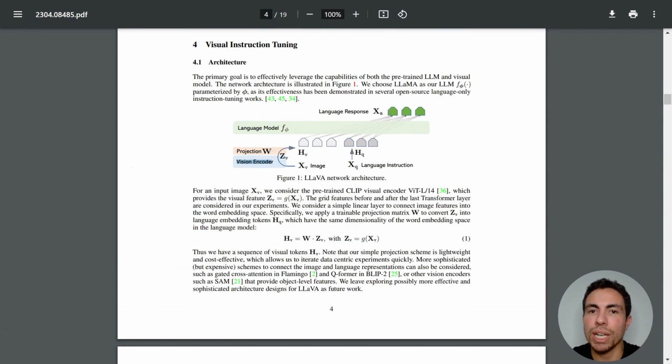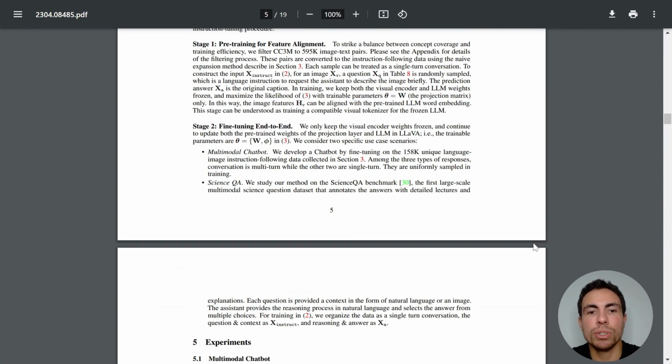Then you have this projection, which is simply a matrix that transforms those vectors into another set of vectors that is used as input into your language model. The language model in this paper is a Llama language model, and the vision encoder is the CLIP vision encoder. The interesting thing is that both are pre-trained, so they got them off some other group. So after putting those architectural parts together, how do they actually perform the training?